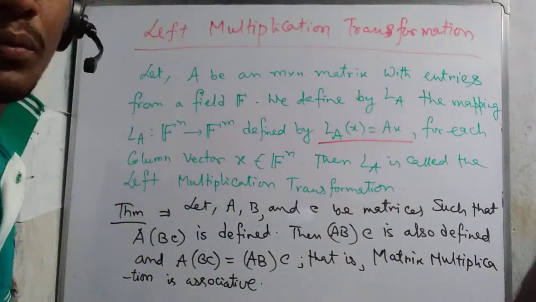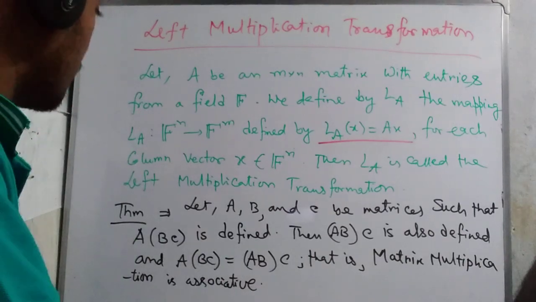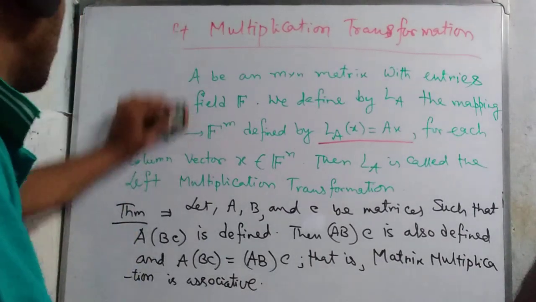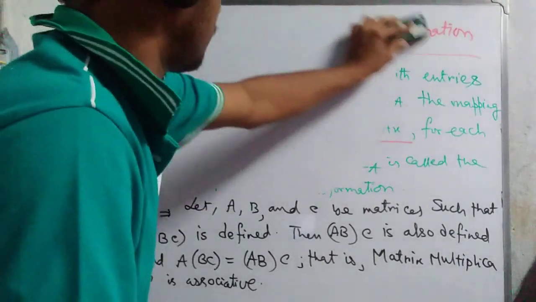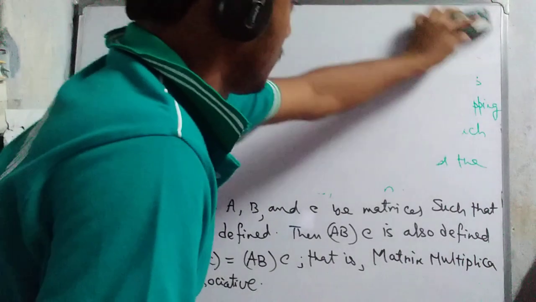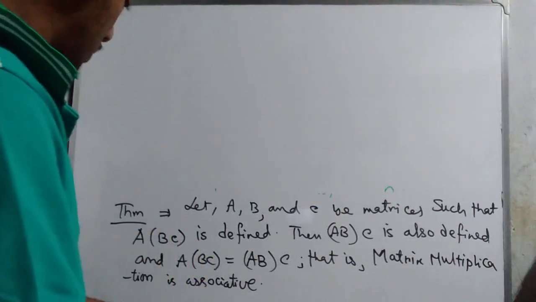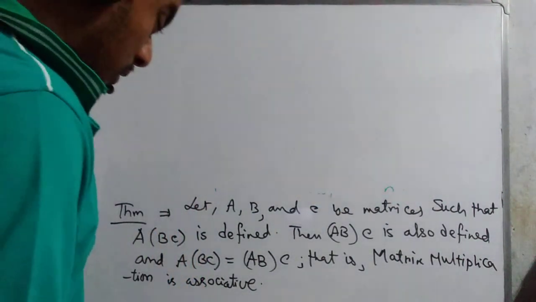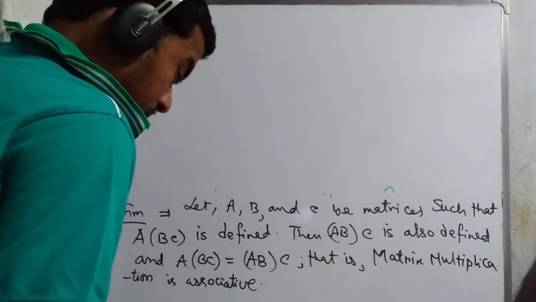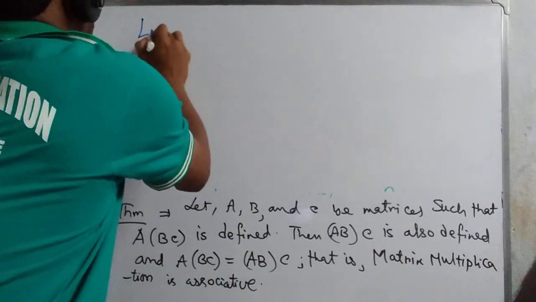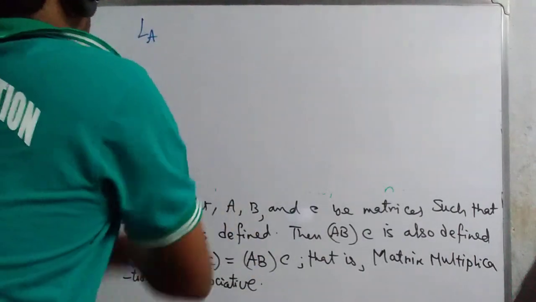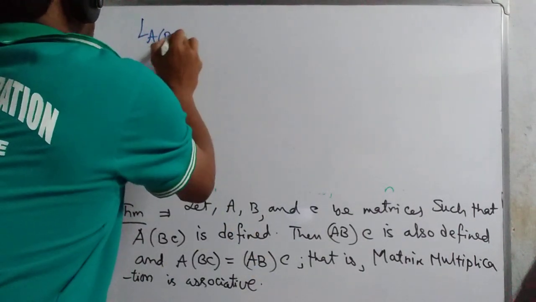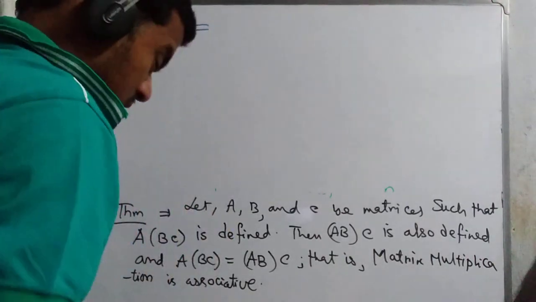Now we are going to prove that. So erase our portion. Here we write in this way: L of A(BC) equal to what?